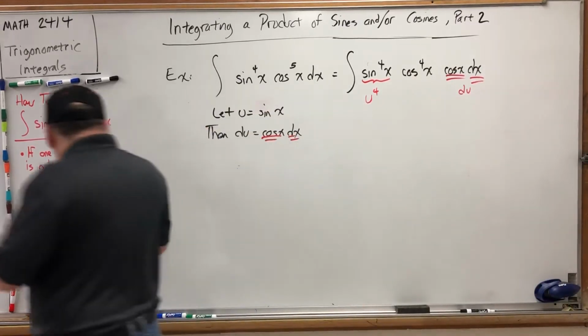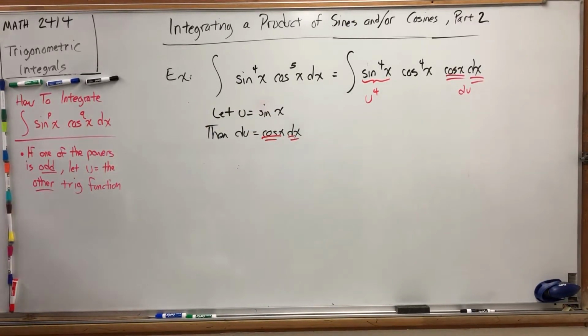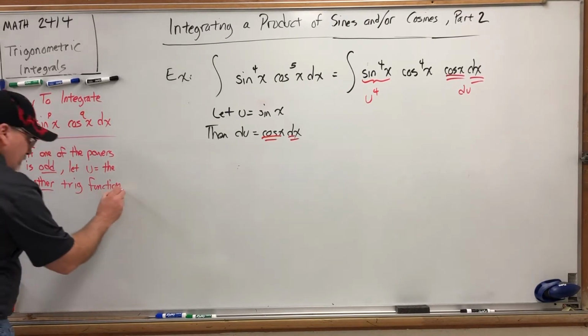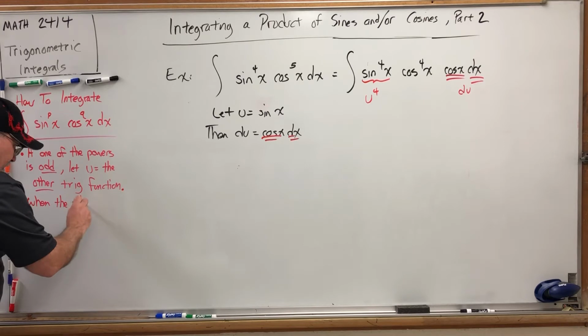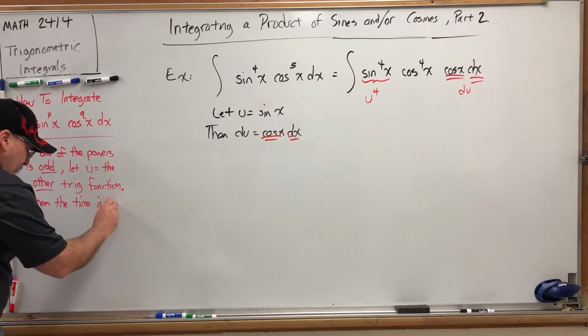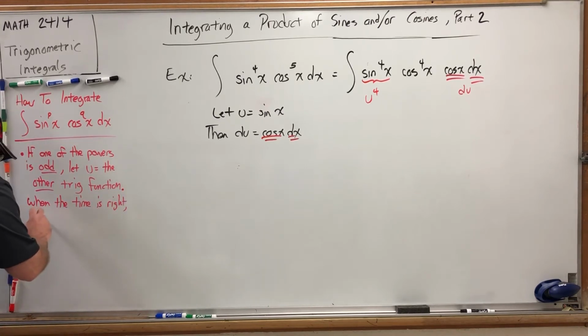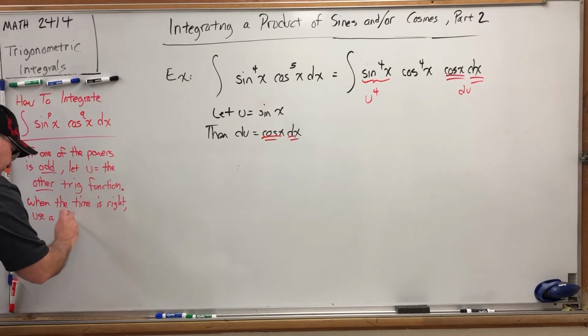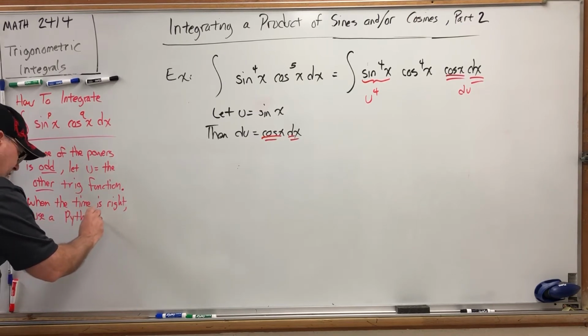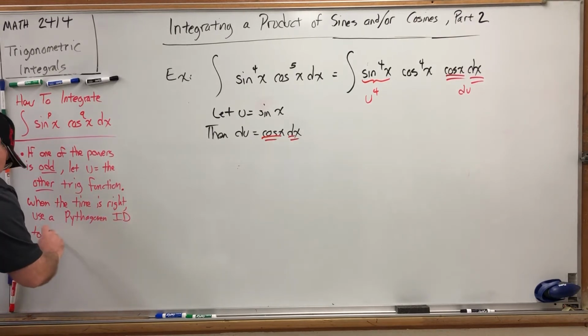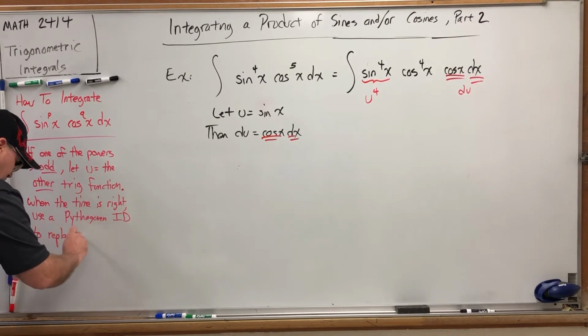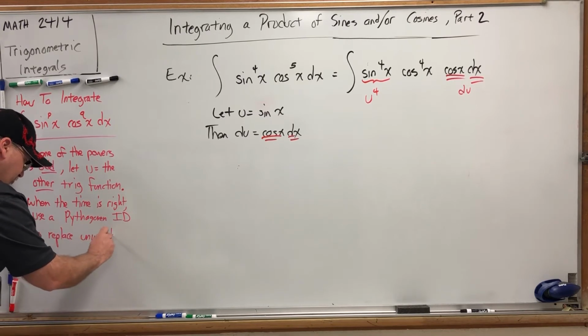I think I need to add a little bit more to this. If one of the powers is odd, let u equal the other trig function. When the time is right, use a Pythagorean identity, ID for short, to replace unwanted trig functions.